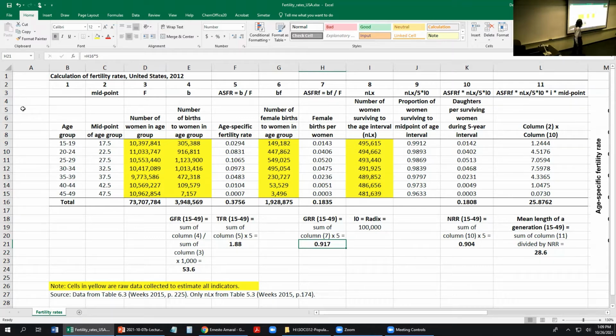And then you can estimate at least up to the gross reproduction rate, okay? And you can do this analysis per year. You can generate one table like that for each location that you are interested, for each year that you have data from. Okay? Questions? Oh, good.